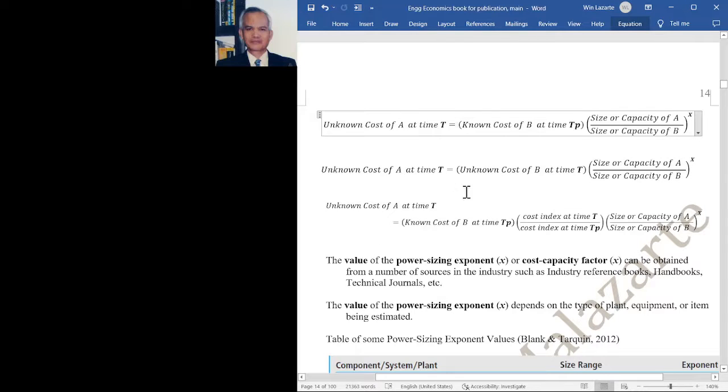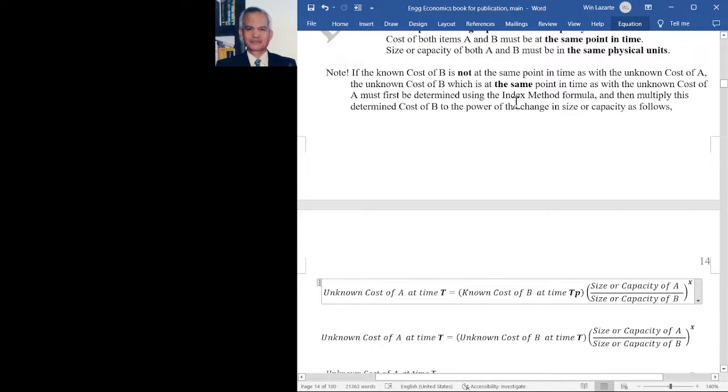So this is equal to the known cost of B at a previous time, a different time from the unknown cost of A, times the cost index at time t, over the cost index at the previous time, and just carry this over here, no. So this is the formula if the known cost of B is not at the same point in time as the unknown cost of A.